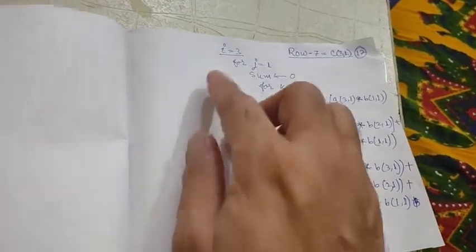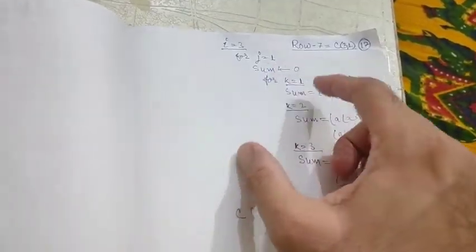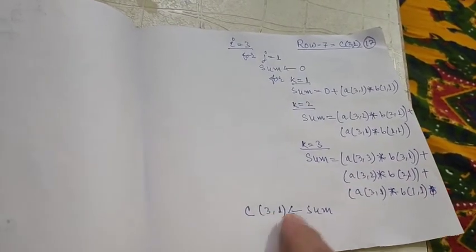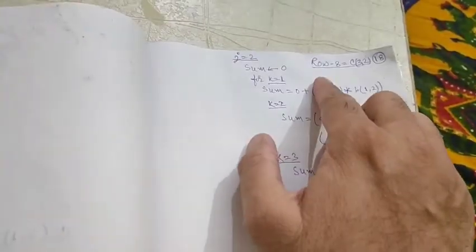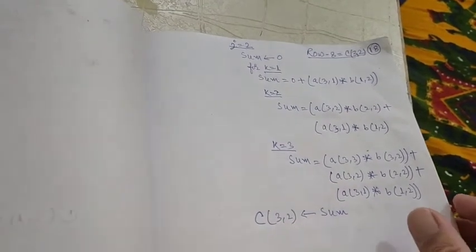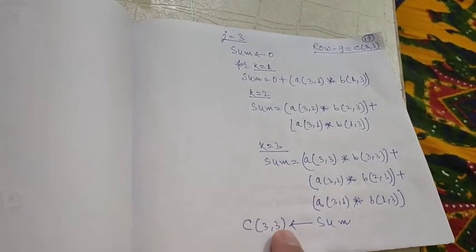Now i is equal to 3, again j is equal to 1, same part I will execute to get C31. 8th row, j is equal to 2, I will get C32. 9th row, j is equal to 3, again I will do the same thing to get C33.